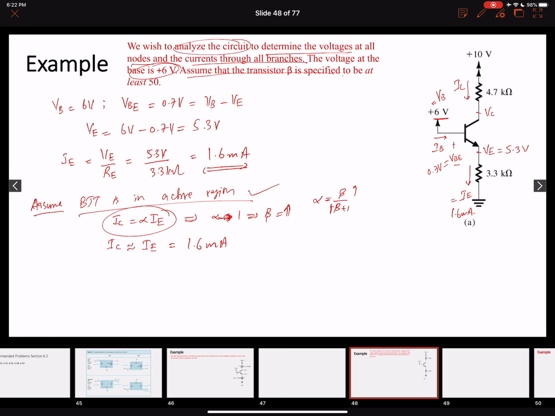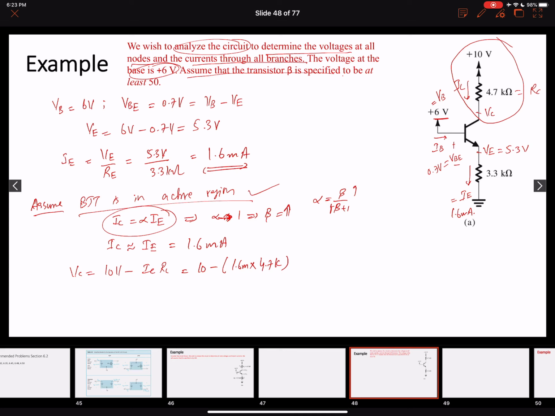Now I can easily solve this. Our VC would be equal to 10 volts minus IC times RC, labeling this as RC. So it would be 10 minus IC, 1.6 milliamperes, times 4.7 kilo ohms.